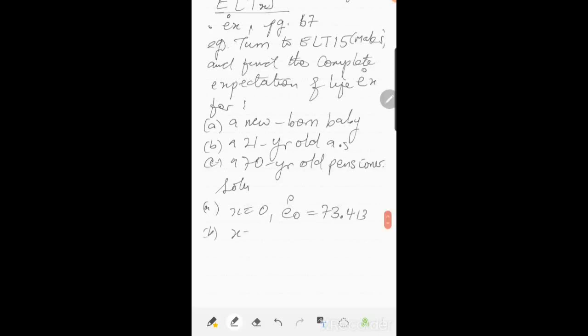For the second one, x is equal to 21, so e naught 21, the complete expectation, gives us 53.497. For C, x is equal to 70 for a 70-year-old pensioner, so e naught 70 is equal to 11.187. So these are very easy. Using the formula book, we can easily find what we need to know.